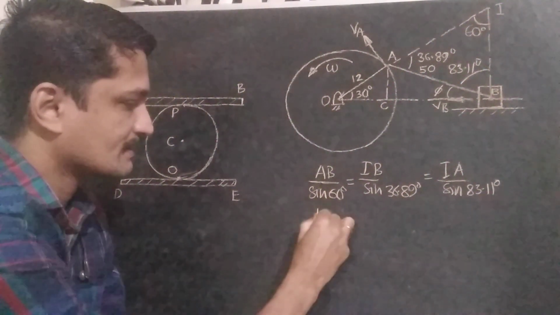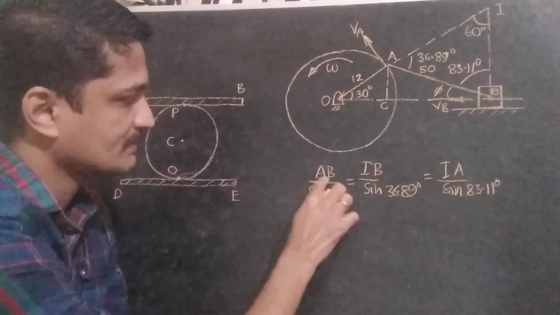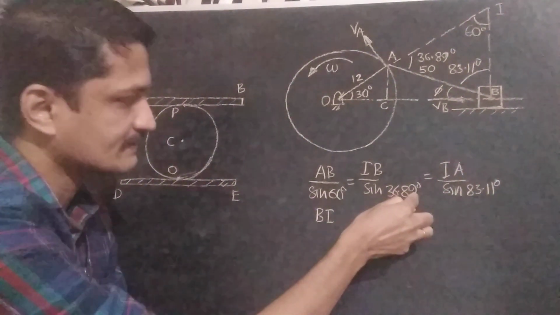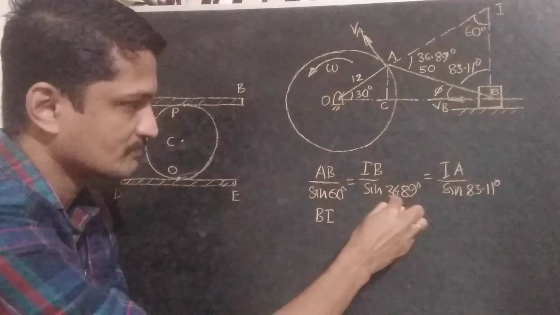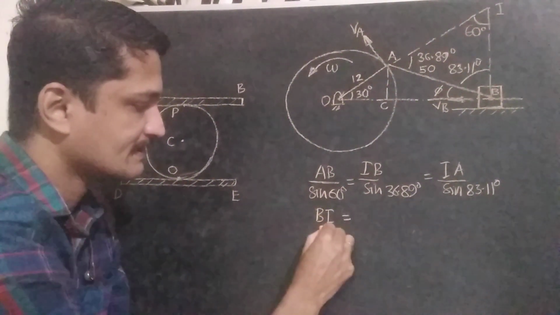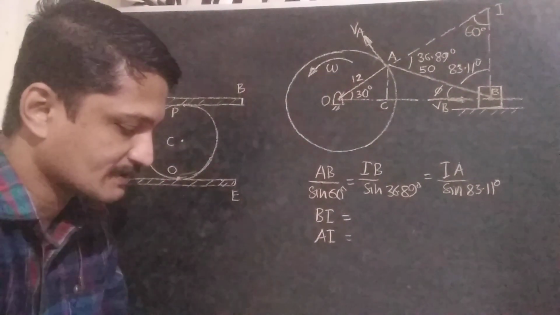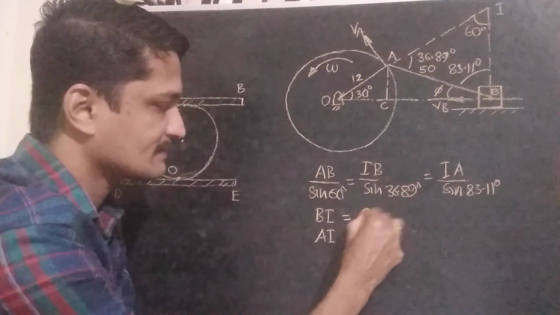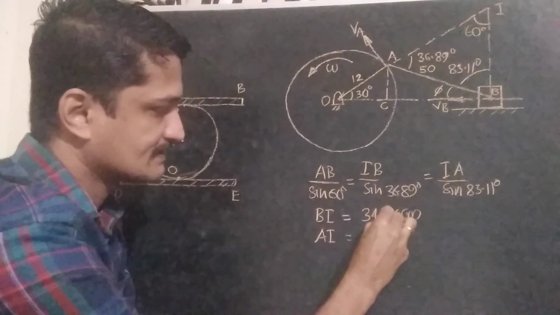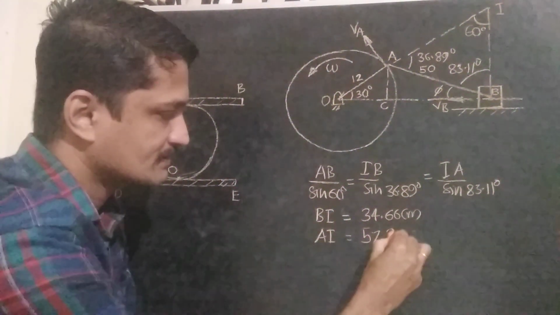Then we can calculate BI: BI is equal to AB into sin 36.89 degrees divided by sin 60. We can calculate BI and AI. BI is equal to 30.66 centimeters, and AI is equal to 57.32 centimeters.